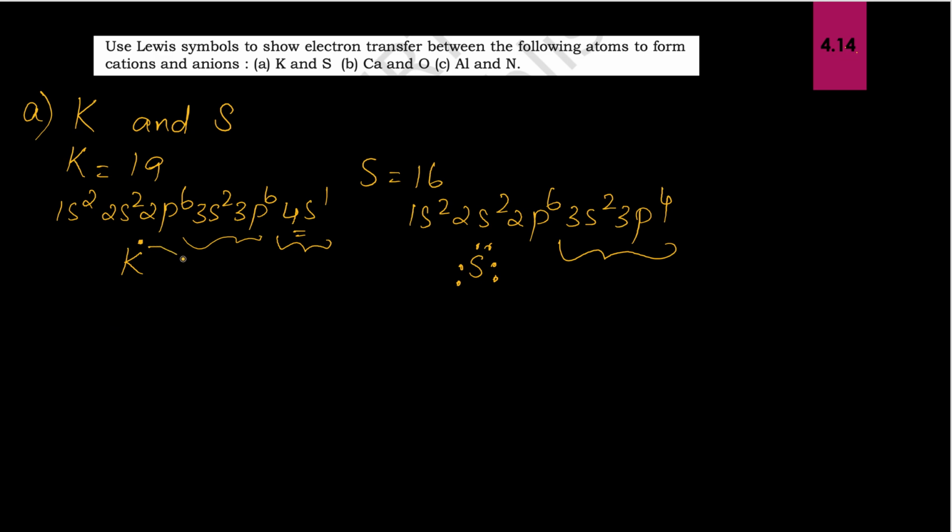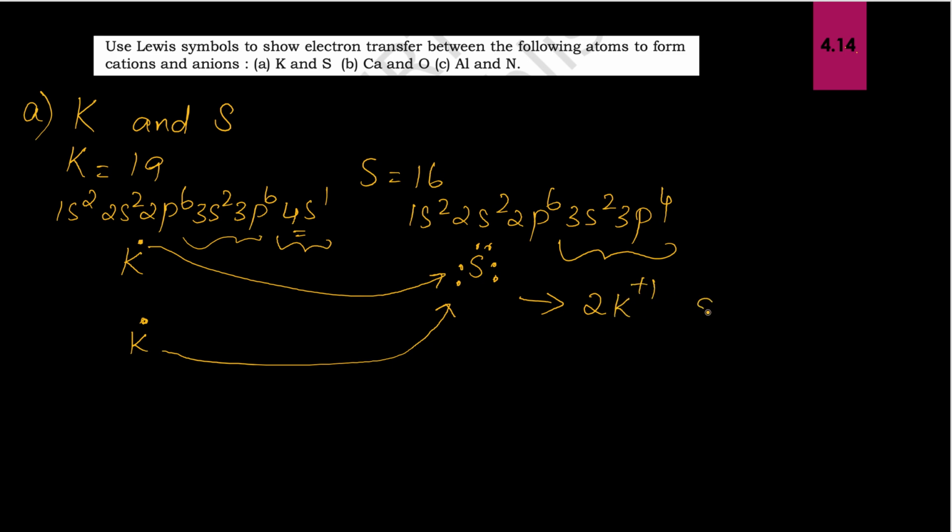One potassium can donate only 1 electron, so I'm going to have another potassium which can donate another electron to sulfur. Now you're using 2 potassiums, so it is 2 K with a +1 charge each, and sulfur is gaining 2 electrons, one from each potassium, and it becomes S2 minus.